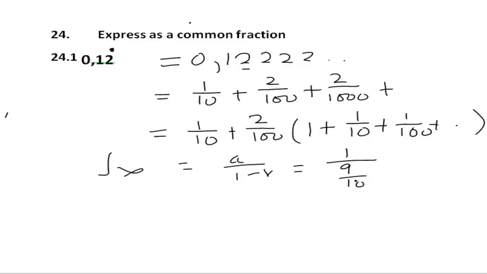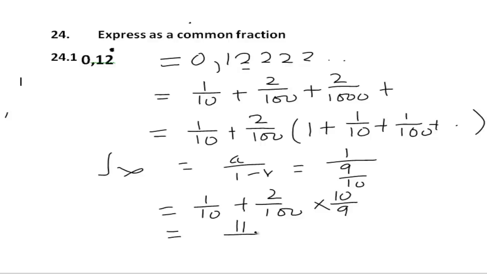So I'll go back and say 1 over 10 plus 2 over 100 times 10 over 9. When we add that, you will get 10 over 100, and when it's simplified, you will finish off with 11 over 90.